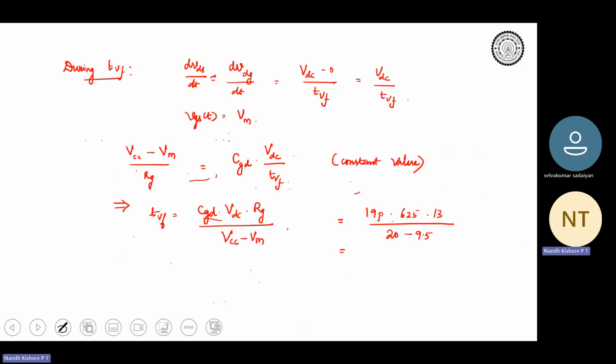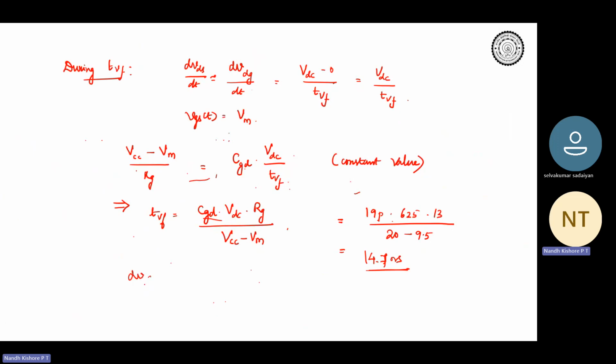Please tell me if you do this. I will also do. I am getting around 14.7 nanoseconds. Correct. So now you have found out TVF.